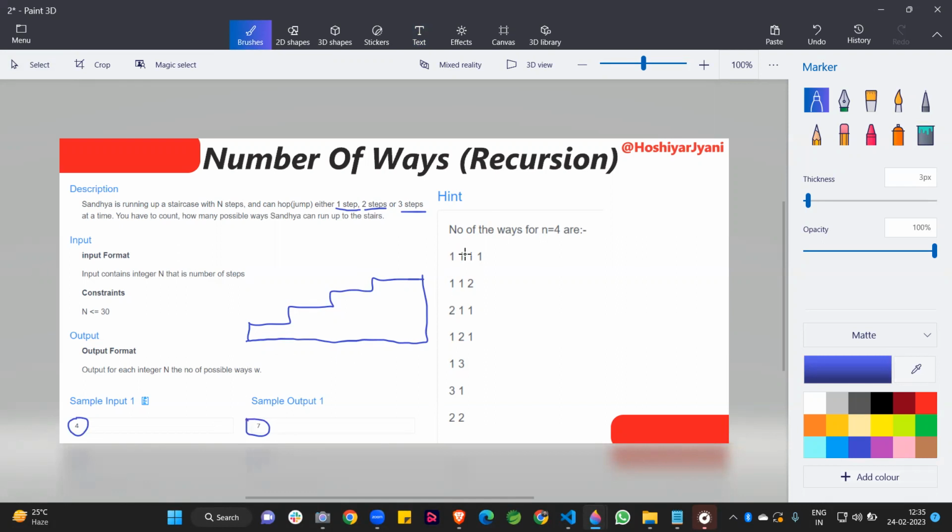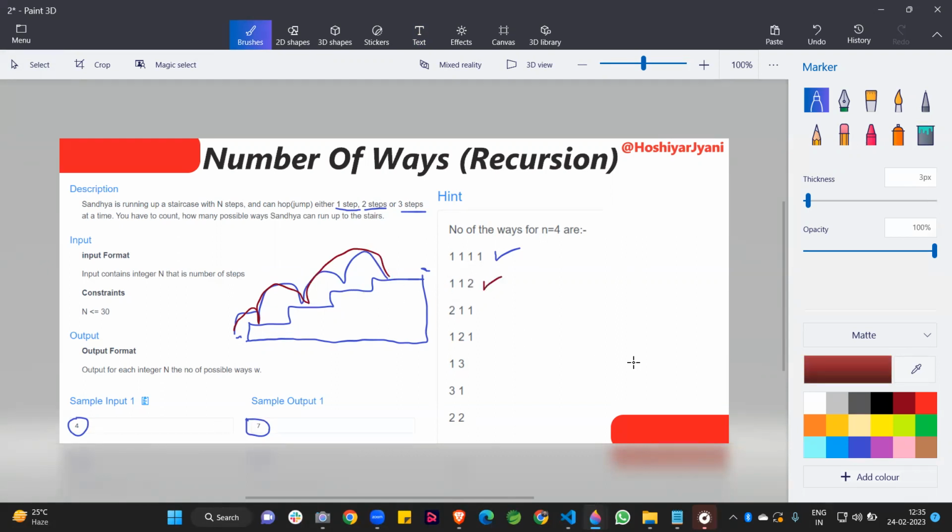Guys, there is one way to reach this position: one step, one step, one step and one step. This is the first one. Okay guys. So after that, this is one possibility: one, one and a jump of two.